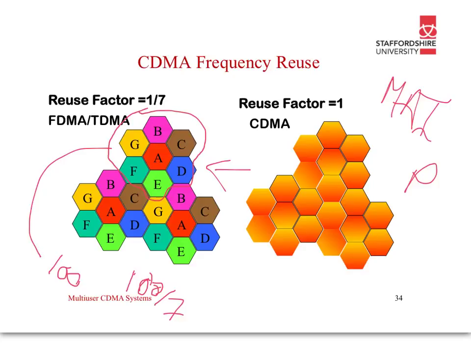We don't want to overlap these cells, so say the first channel will be used in cell A, the second in B, third C, fourth D, fifth E, sixth F, seventh G, eighth back in cell A, the ninth in B, and so on, because we don't want the same channels to be next to each other, as they would interfere with each other more.